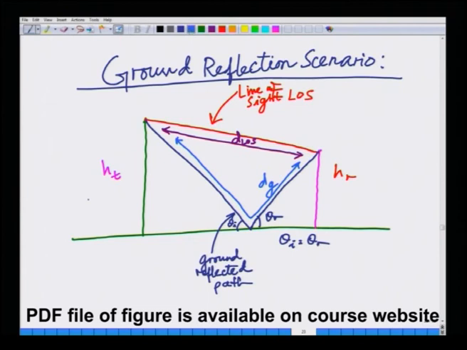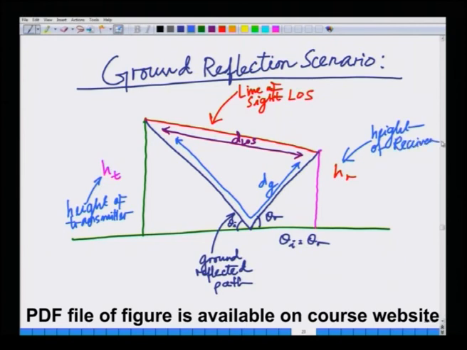And ht is the height of the transmitter, something like the height of the base station in our cellular system, and hr is the height of the receiver, that is the height of the person who is talking, or maybe if he is on a building, the height of the building, and so on.